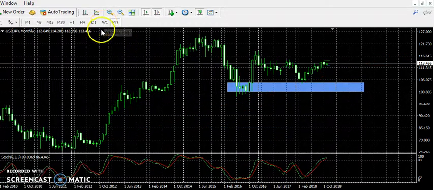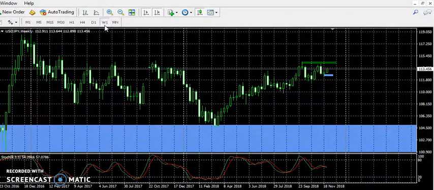Let's go to the weekly. What trend is the weekly on? As we can see, weekly left our demand zone here, went up, took out supply, formed demand, went up, took out supply, went up, took out supply, formed demand here.